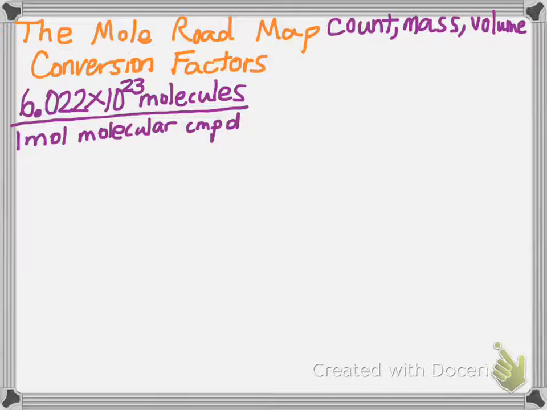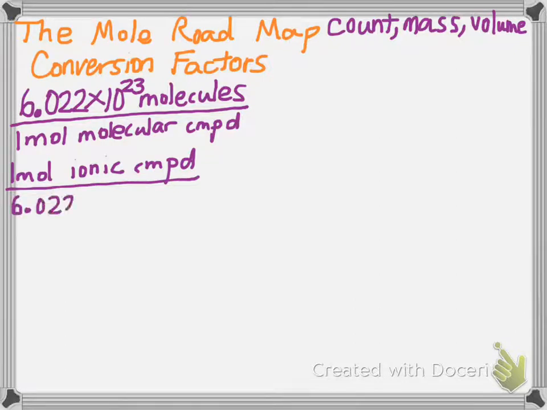Another one of our count conversion factors, and remember we have 3 here because we have 3 different kinds of substances. If we have 1 mole of ionic compound, then we have 6.022 times 10 to the 23rd formula units, because remember our representative particle of an ionic compound is a formula unit.